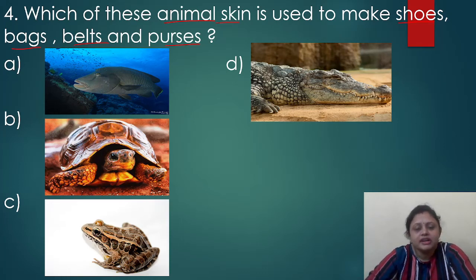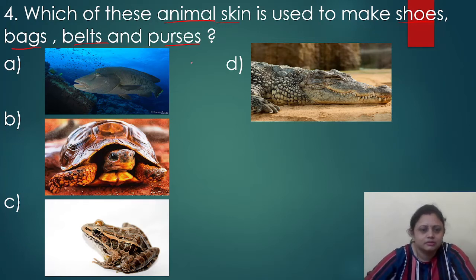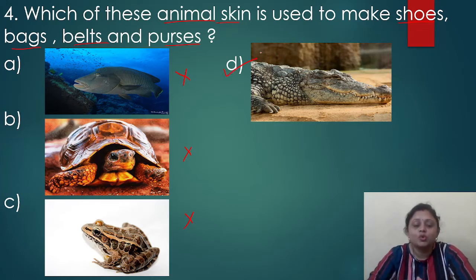C, frog. D, crocodile. Okay, so what do you think? Whose skin is used? If you know the answer, you can write in the chat box. Okay. So, is it fish? No. Is it tortoise? No. Frog? No. So, which one is the correct answer? That is option D, crocodile. So, crocodile skin is used to make these things.